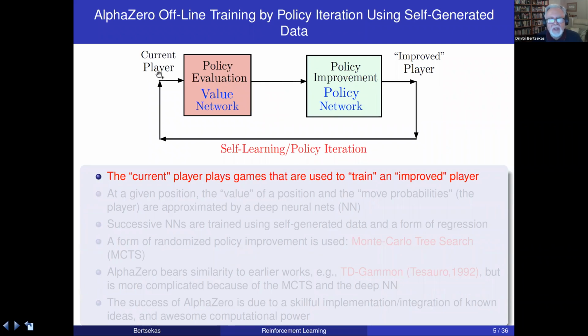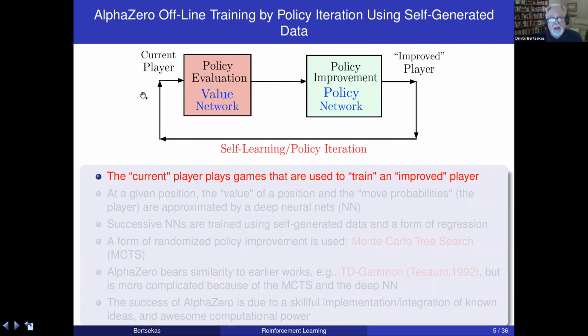Given a chess position, a player looks at all possible moves that can be played at that position and assigns probabilities to them, with moves that are attractive having higher probability. So a player is like a randomized policy. Given the state of the game, the current position, it gives the probabilities by which various moves will be played.